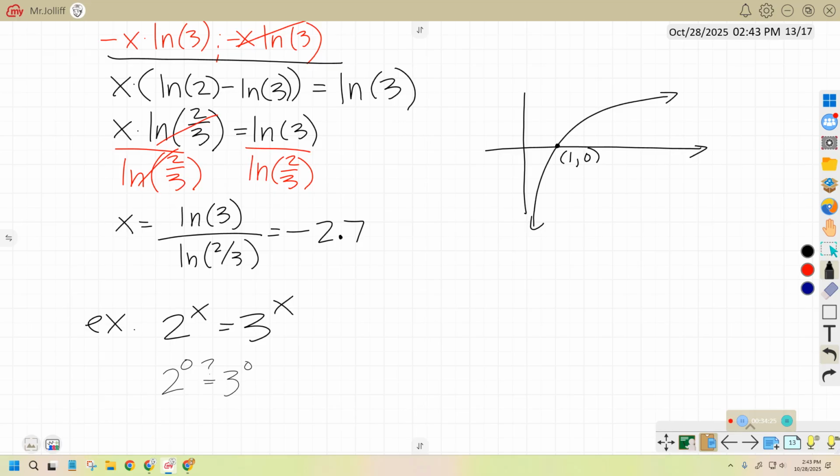What is 2 to the 0? 1. What is 3 to the 0? 1. So x equals 0 is the only solution to that equation. Yeah. Good. The exponential answer is 1. The solution to the variable that makes that statement true is 0.